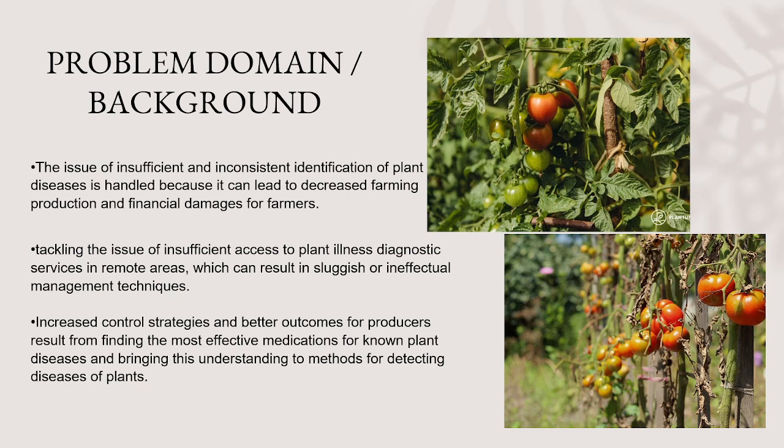They invest so much money in a farm, and most of the time one disease can destroy the whole farm. So this can be a huge financial loss for the farmers. That's what I found from the farmers.